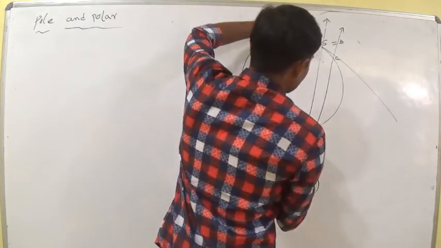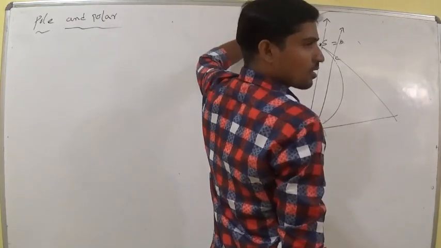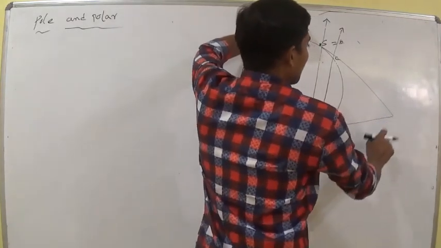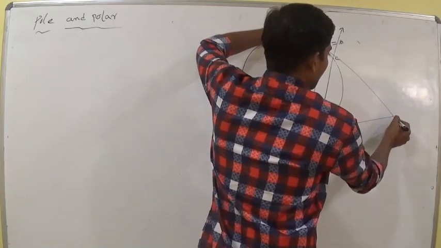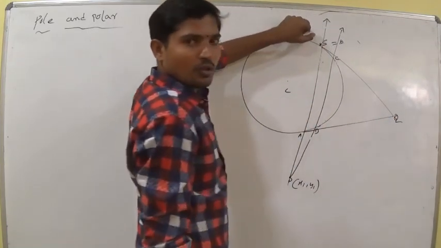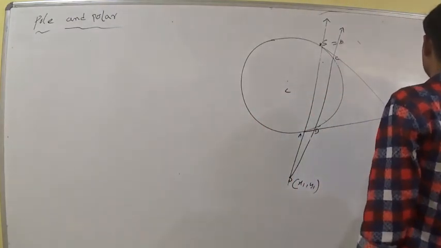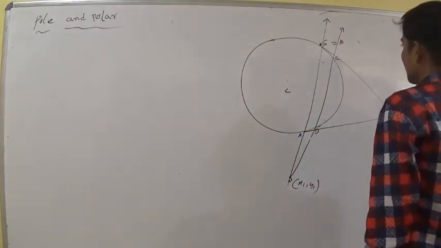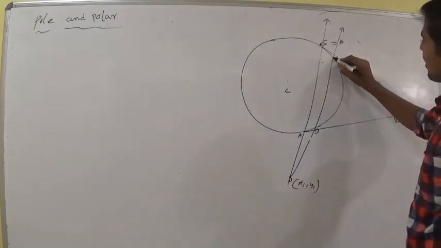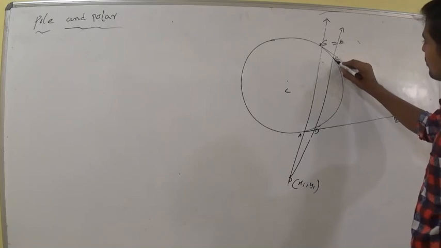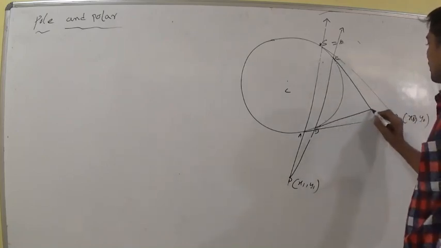I draw like this, right? The intersecting point of these tangents, suppose Q, has coordinates x0, y0. And then draw again the tangents through C and D.